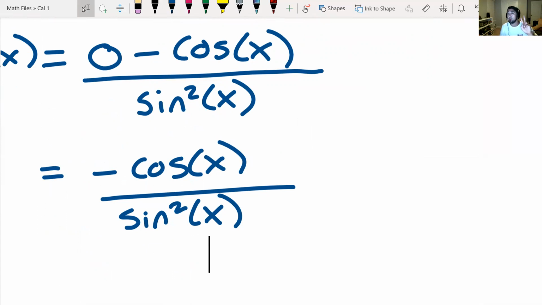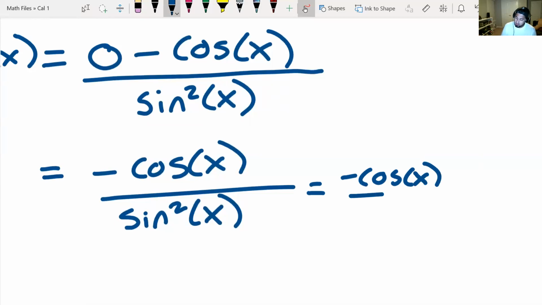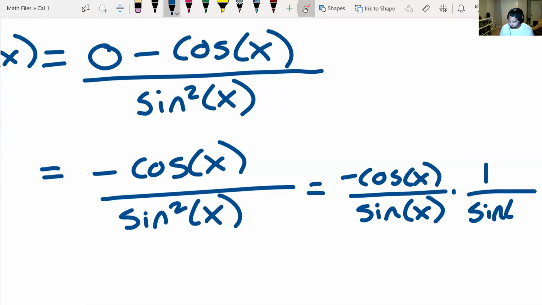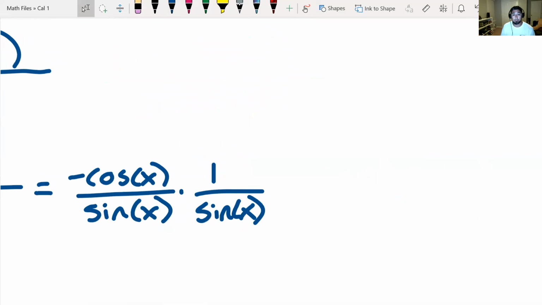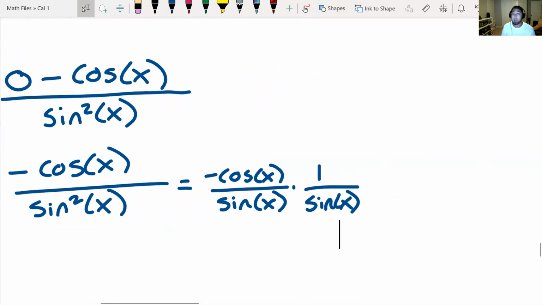I have 2 sines in the denominator, hence it's sine squared, which means I can split it into how many fractions? 2. So if I split this into negative cosine over sine x times 1 over sine x, is that not the same thing? We haven't done anything wrong.